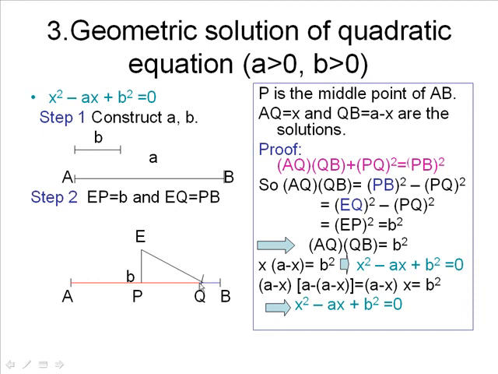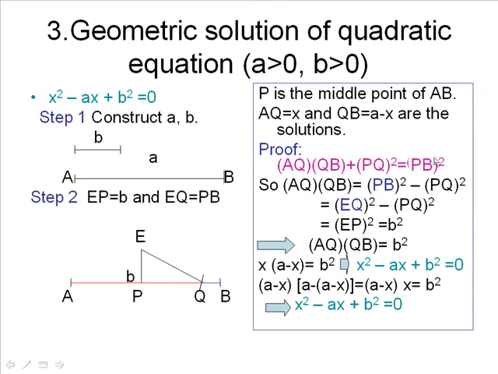Actually, we just need a little arc. We use E as the center and PB, which is half of the distance of AB, as the radius to draw a little arc intersecting PB at Q. We're going to claim AQ and QB are both solutions of this quadratic equation.